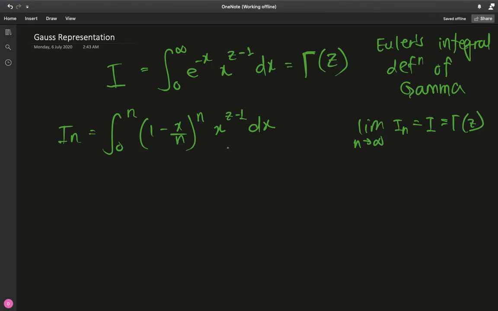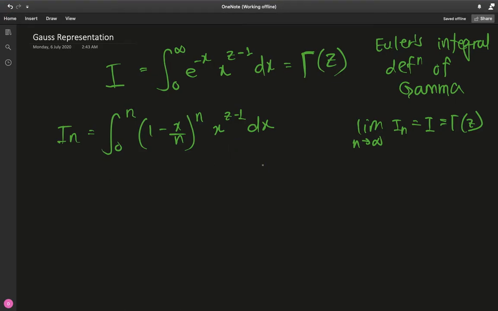So like I just said, we need to play with I sub n. After simplifying this, we'll just apply the limit as n goes to infinity and we'll get some result, hopefully. This is a weird expression, (1 minus x over n) to the nth power.